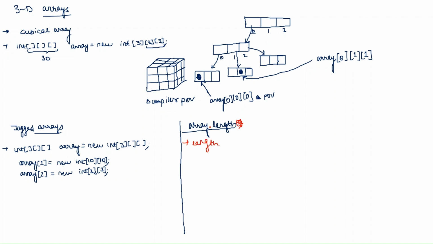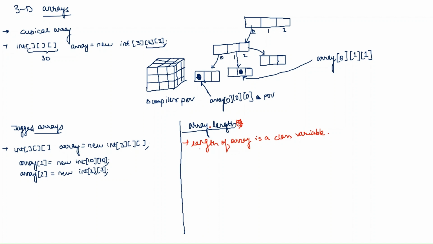length of an array is a variable. It's a class variable which is accessible at the program level.